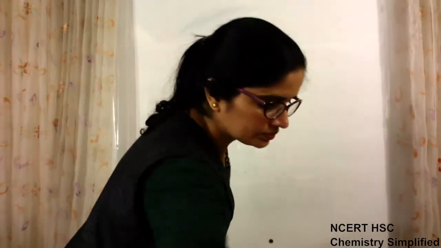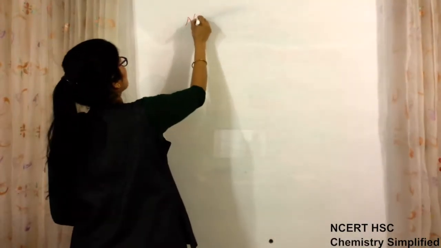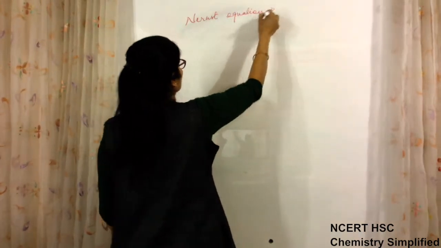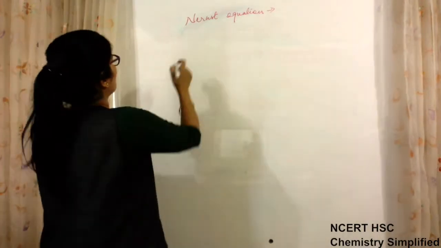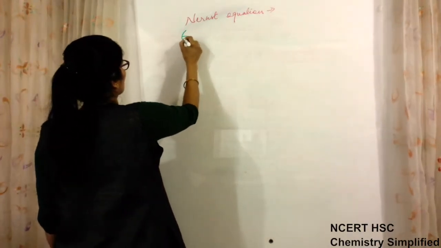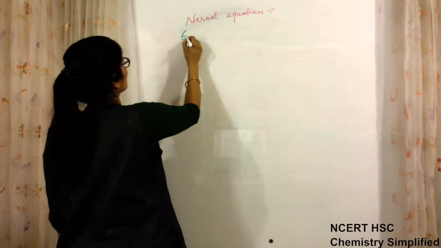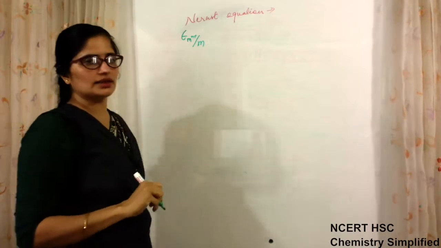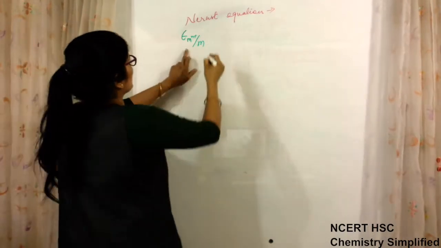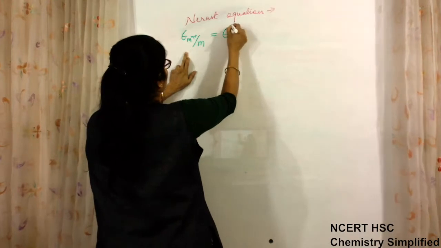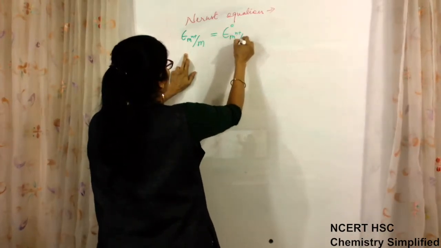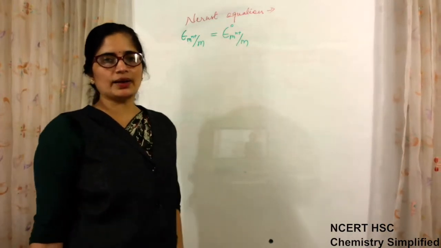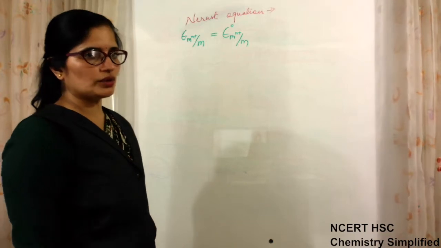Next equation. E of the electrode, let us take Mn positive converting to M, metal, because this is reduction potential, is equal to E standard of Mn positive upon M. This E naught means the standard electrode potential measured at 1 molar concentration of the solution.